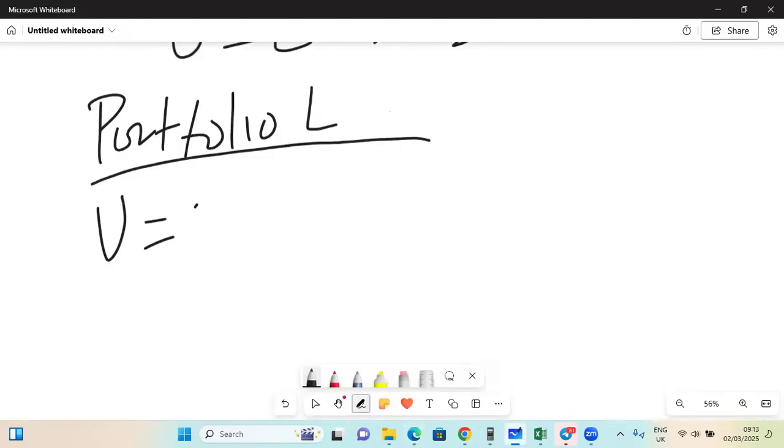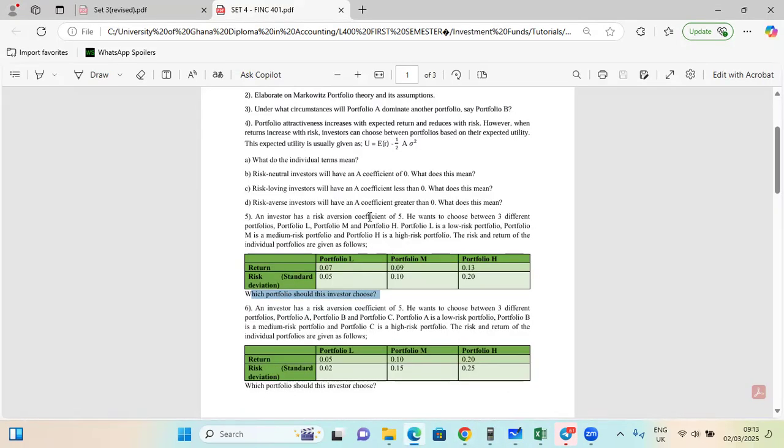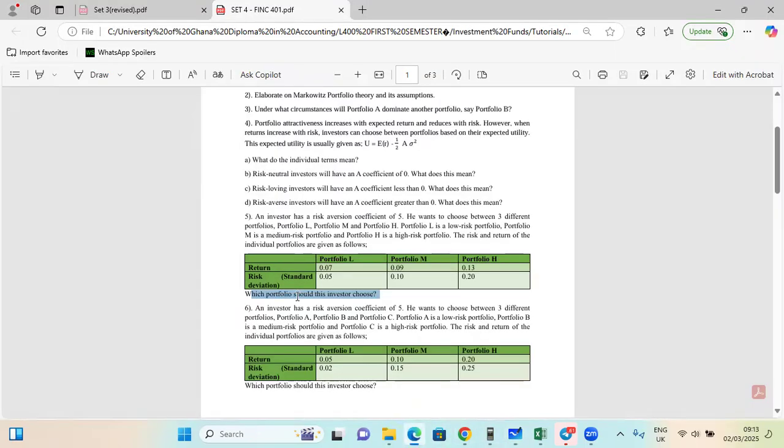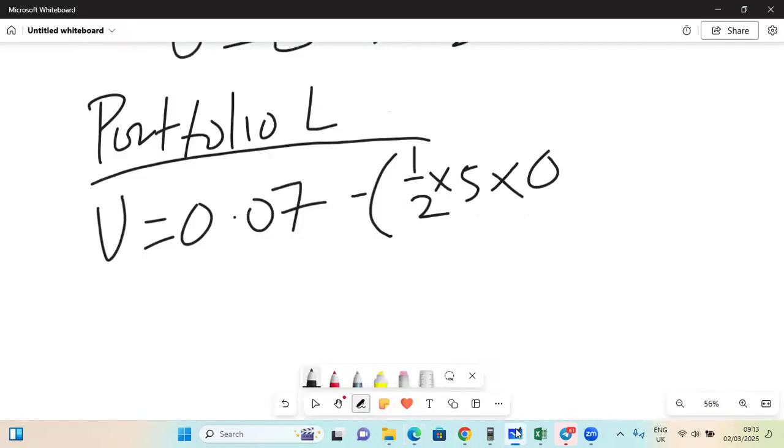Put the same thing here, 0.07, minus into brackets 1 over 2, which is the scaling factor, is automatic. Now, the coefficient of risk aversion, which is the A, is 5. Do the same thing here, times 5, times the standard deviation squared. The standard deviation here is 0.05, so it's going to be 0.05 squared.